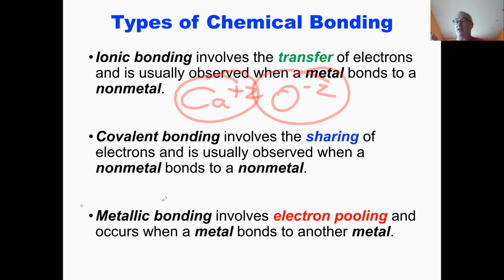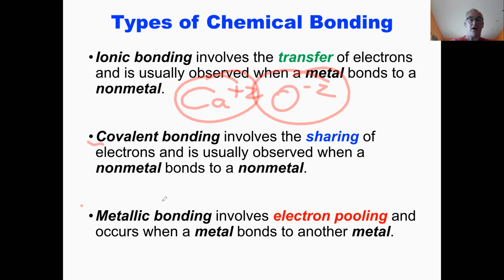That's basically all an ionic bond is: two charges attracted to each other. So the metal, calcium, actually loses 2 electrons and transfers them to the oxygen, so you get a positive charge created and a negative charge created.